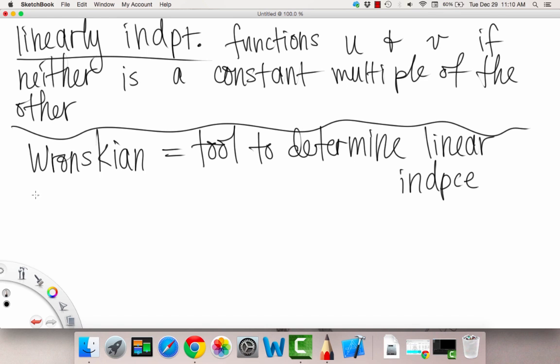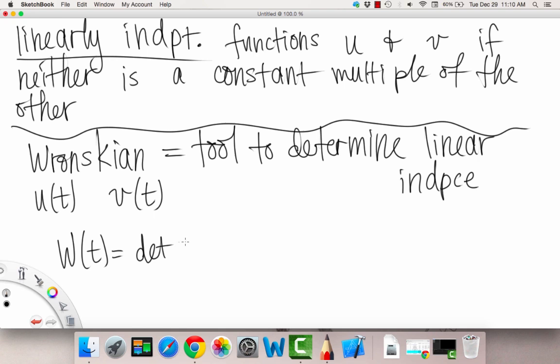So let's say we're given our functions u and v. We have a u of t and a v of t. Those are two functions, and the Wronskian between them is denoted by capital W. This is equal to the determinant of something specific. We stick both functions in the top row, u of t and v of t, and right below them, the first derivative of each, u prime and v prime.